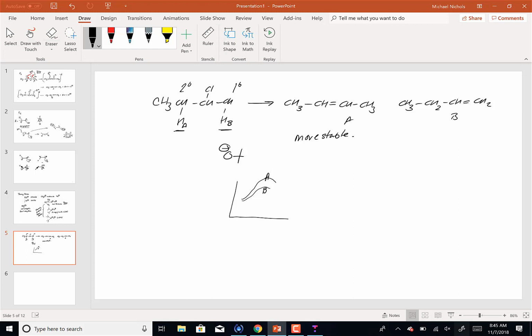Now, normally when we're doing Hammond's postulate stuff, the lower transition state goes to the more stable product, right? But in this case, it's exactly the opposite. It would look something like that, because B has a higher energy than A.